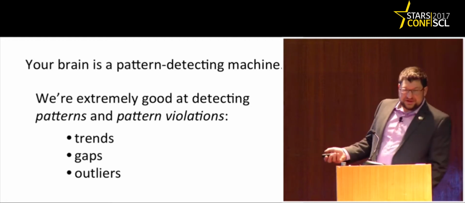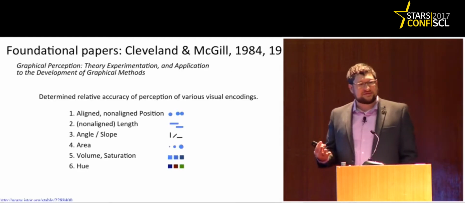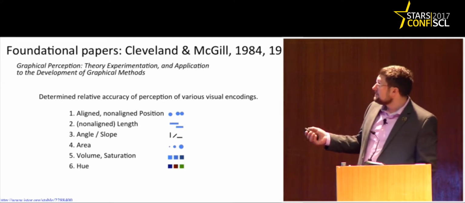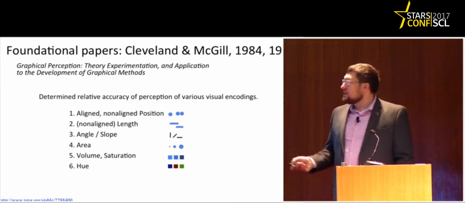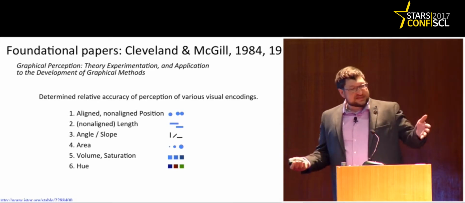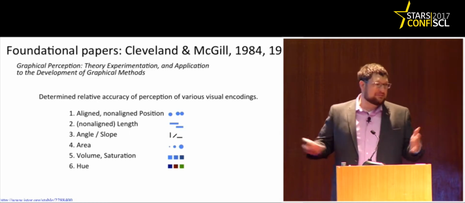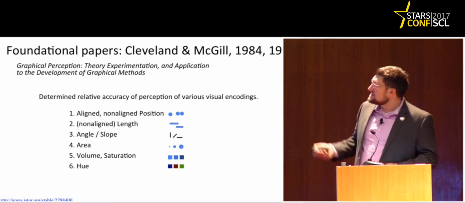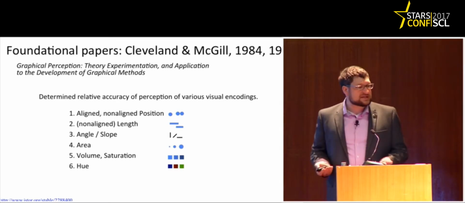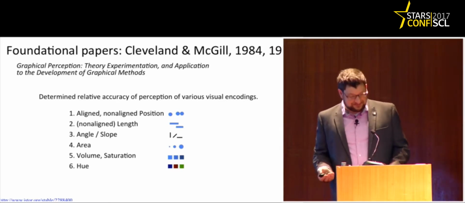The foundational research underneath most of modern visualization was done in the early 80s by Cleveland and McGill. They studied, given all these different ways of encoding data by placement, by length, by angle, which ones are the most precise? Which are the easiest to take different kinds of information away from?